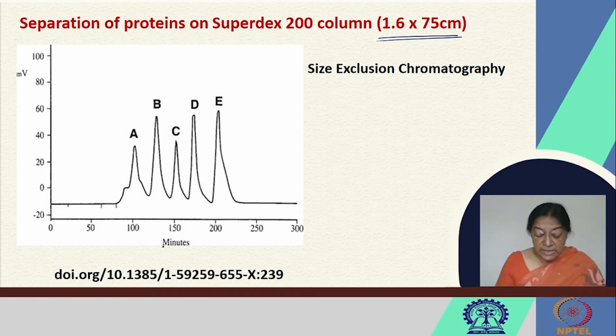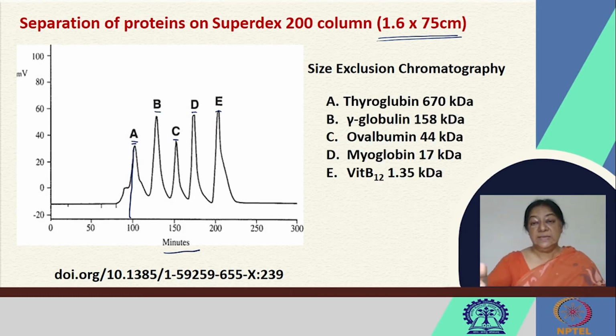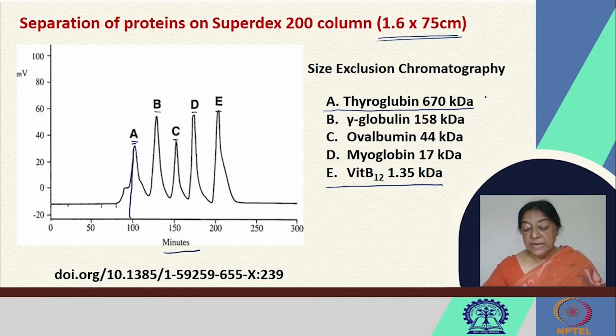We see in the minutes that have elapsed through the column running, we have molecule A come out first, followed by B, C, D, and E. So A comes out first, indicating that A has a large molecular weight, and E comes out last, having the smallest molecular weight. So this is an indication of the molecular weight distribution.